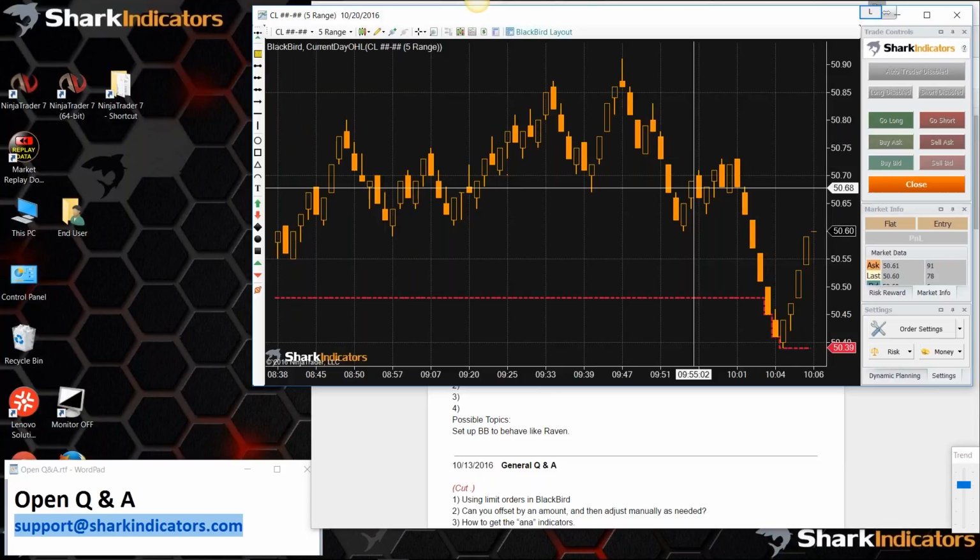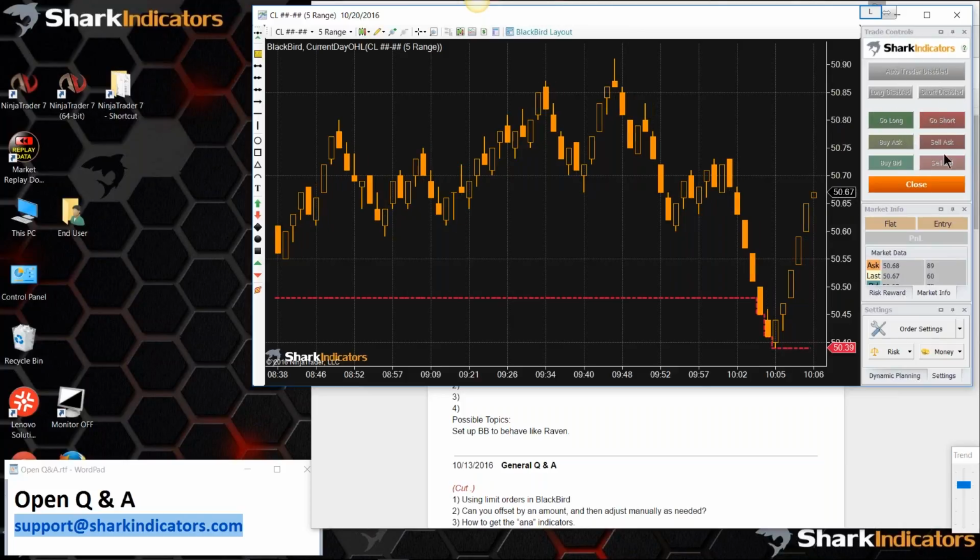Now, you'll notice with the last update that the trade controls have a slightly different look. It's a little more obvious that all the trade controls are disabled here.